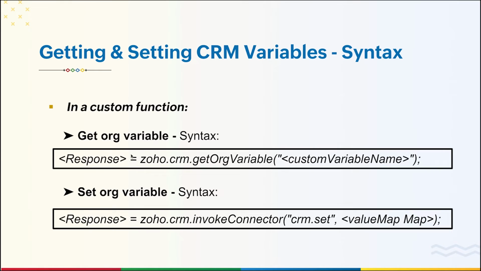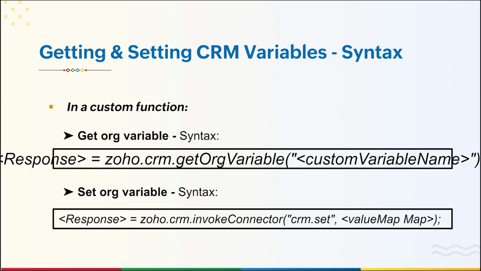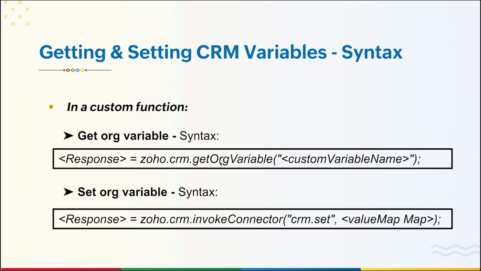Over here, we are going to see the syntaxes that are used to get or set a value for a CRM variable through your custom function. So this is the syntax where, let's say you created a CRM variable with a static value. If you want to access that value of that CRM variable as part of your custom function in your extension, you can use this particular syntax in order to fetch or get that value.